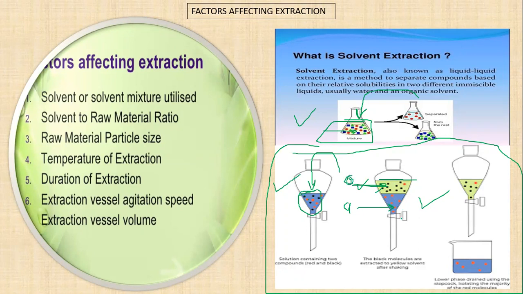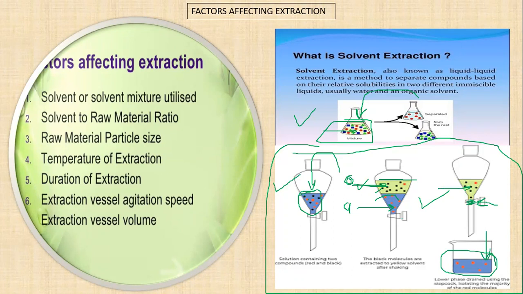Once I open this cock, slowly the aqueous layer gets transferred. Where? It gets transferred to the beaker. And once the level comes to this stage, instantly I close this cock. So what happened now? Both the layers are separated, but at the end of separation you can see the two components I told you about.